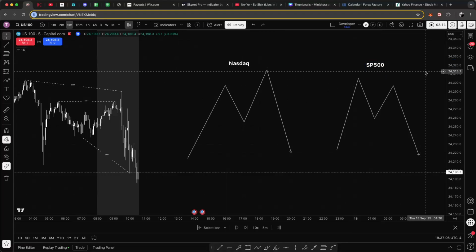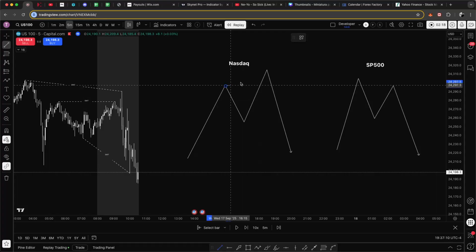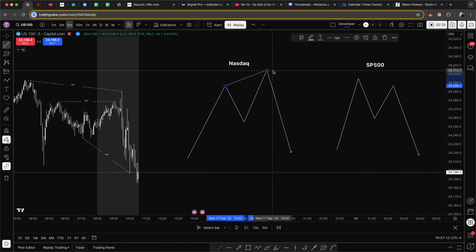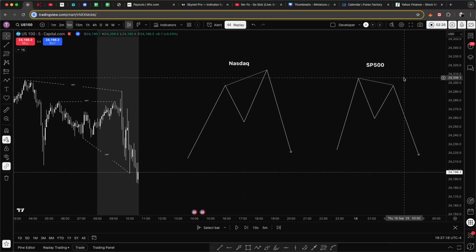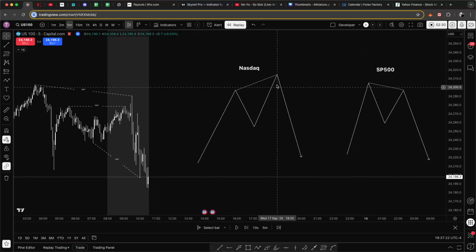So what is going on? Nasdaq has taken out the high. It pushed up, created a higher high, and simultaneously S&P has failed to take the high. So right here we have a divergence. SMT, or smart money technique, is a divergence.